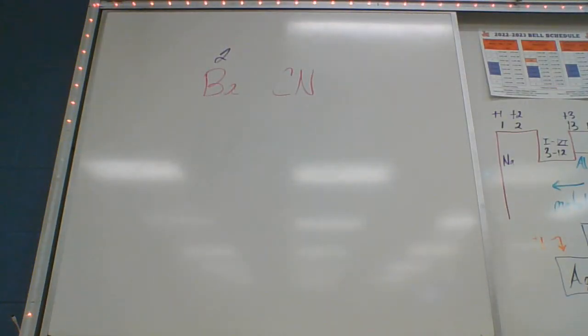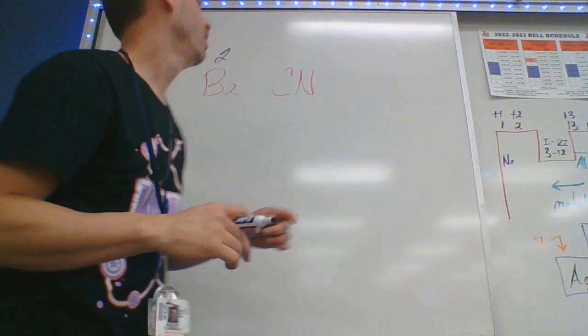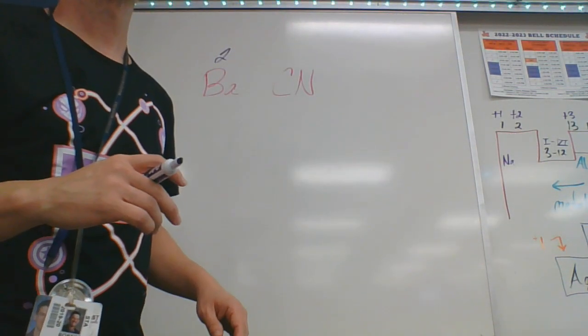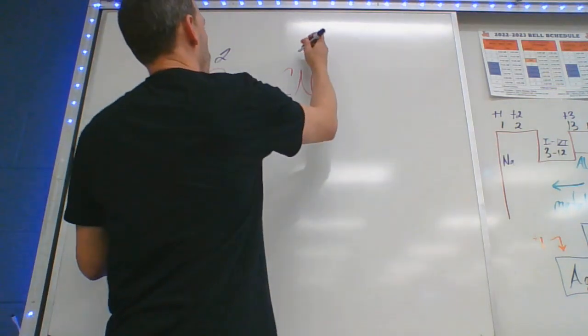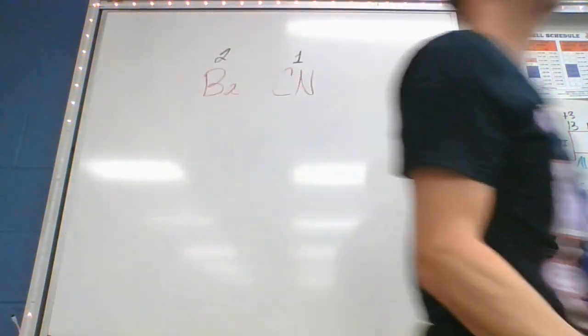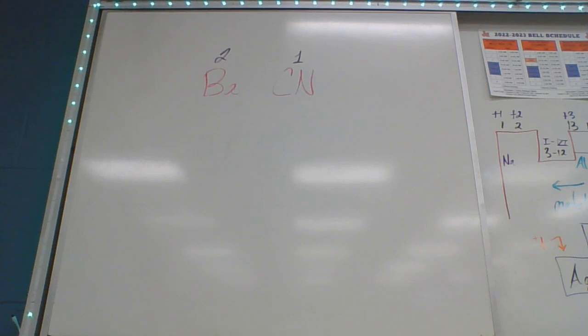Let's go over to cluster 4, seat 6, Aspen. What is cyanide's charge? -1. Because the sheet says so. Hey, you okay?